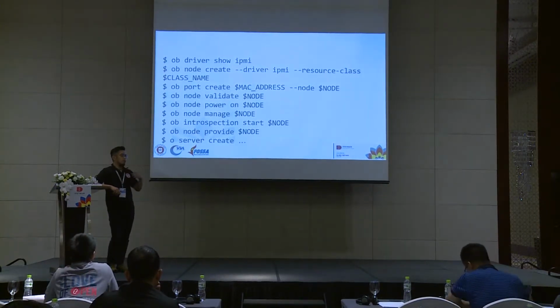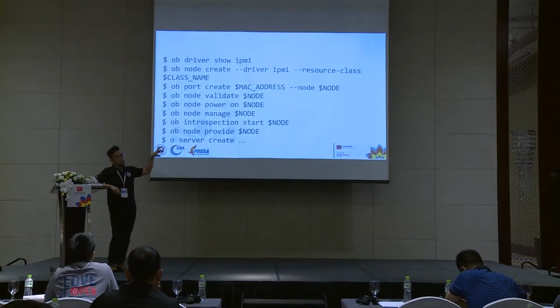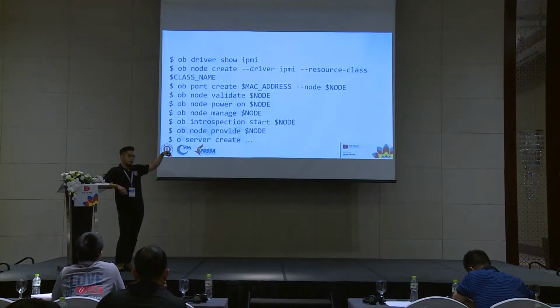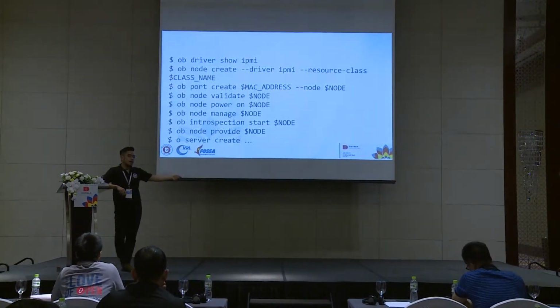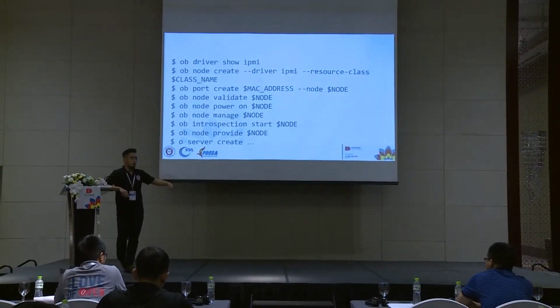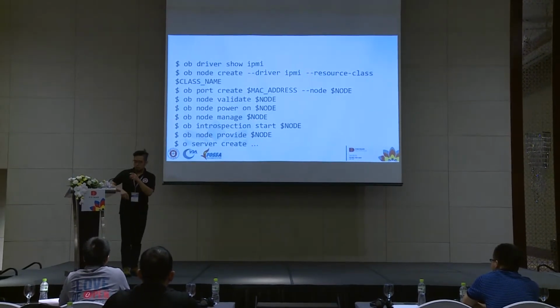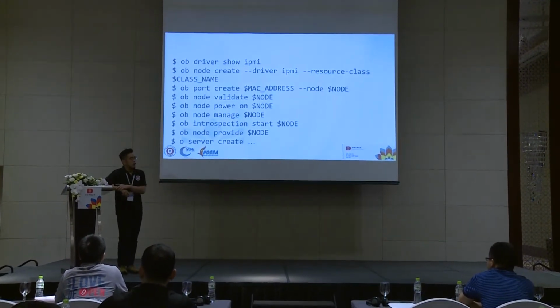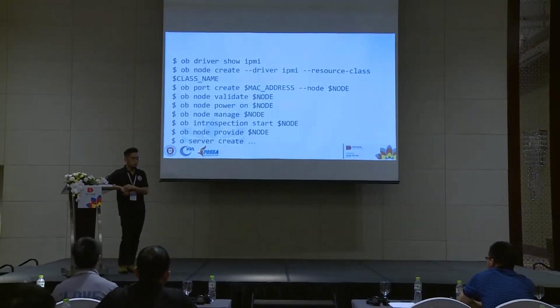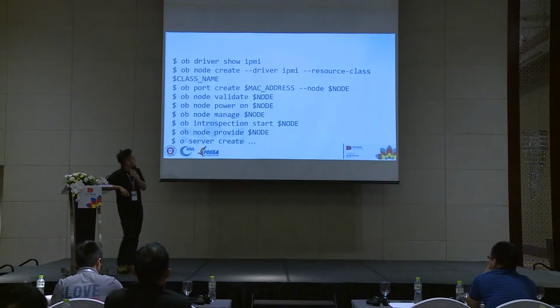For example, if there's one physical server you want to use, and you want to use a specific port on that server, you can pass in the MAC address, and that address will be used to deploy the node. And now if you want to change your network interface, you can pass in another one. You don't have to physically go somewhere to change the config. You just put in a command line or API. The API just changes the port.